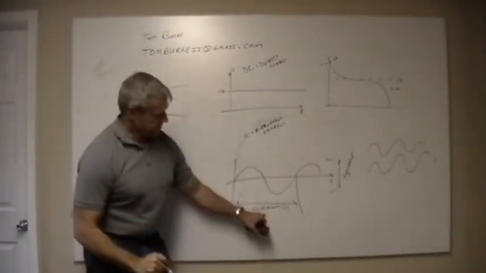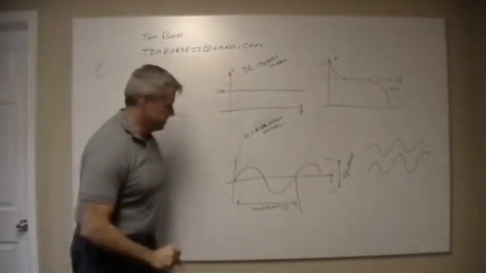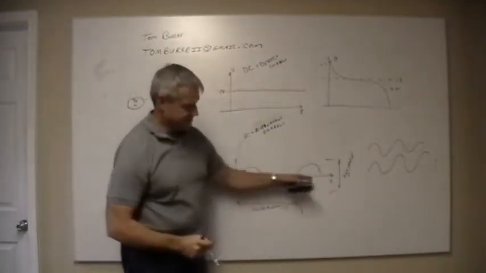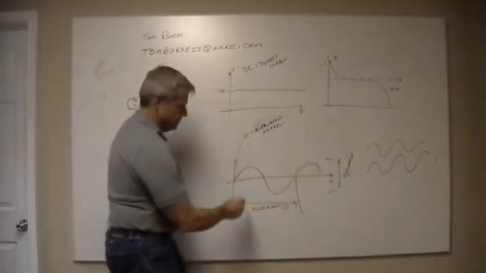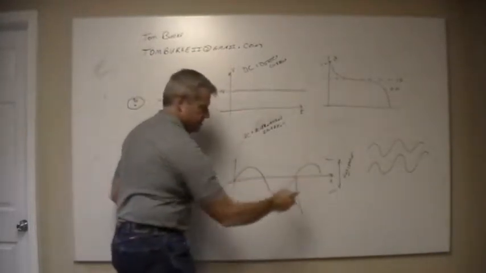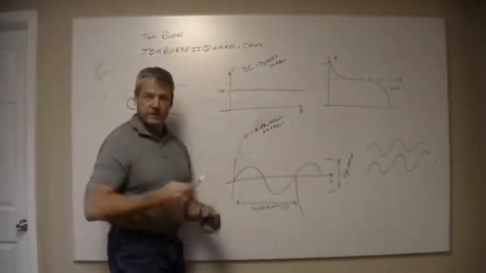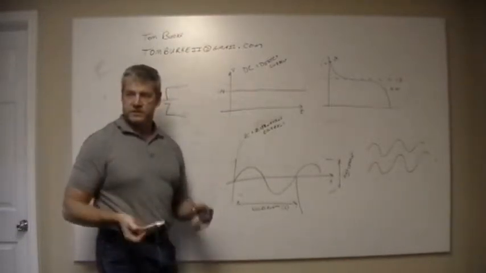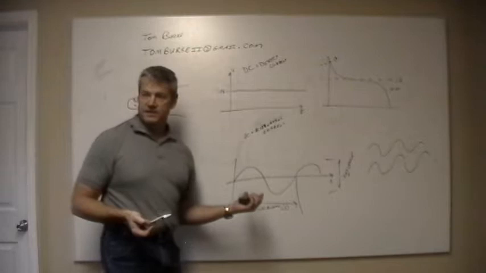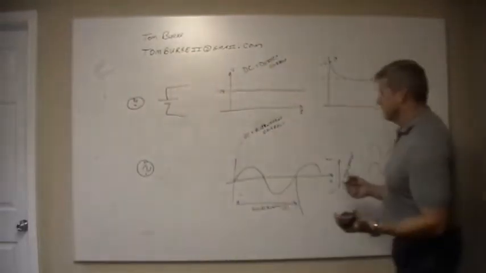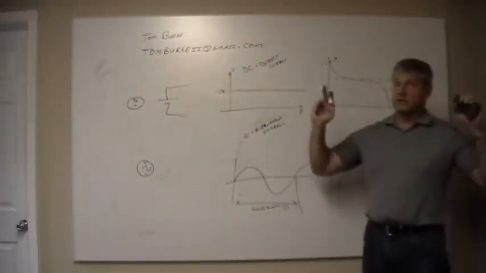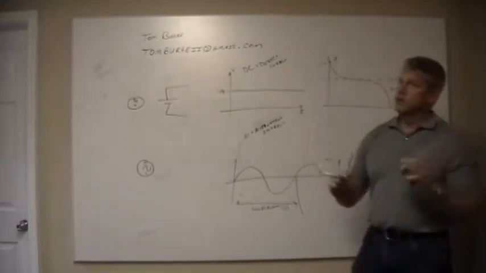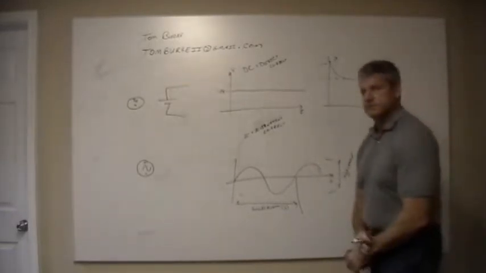You have wavelength, you have an amplitude, and you have time. So the wavelength and the time are directly related. And in the case of electronics and radio frequencies, their relationship is the speed of light, in free space, which is a vacuum, and air is really close to free space.